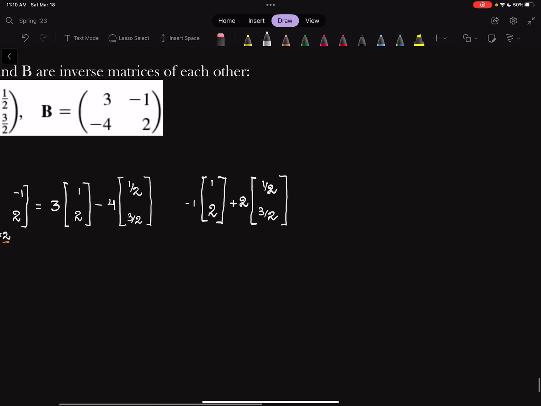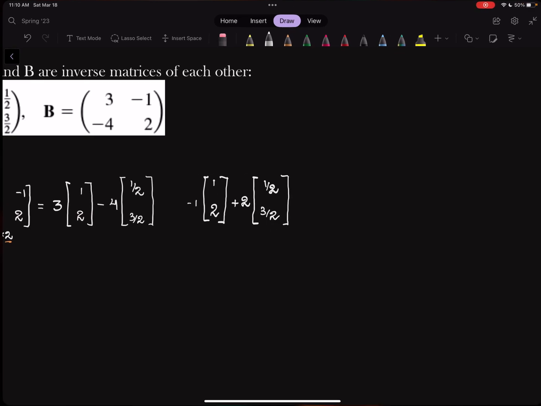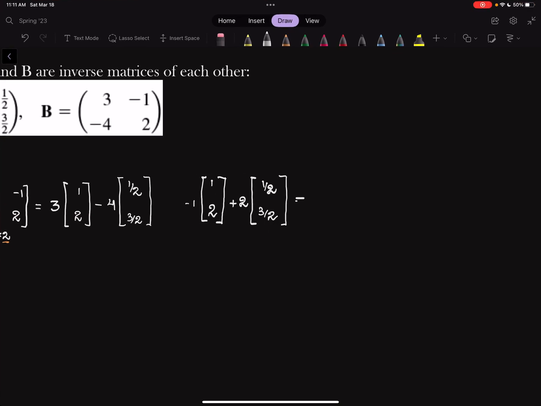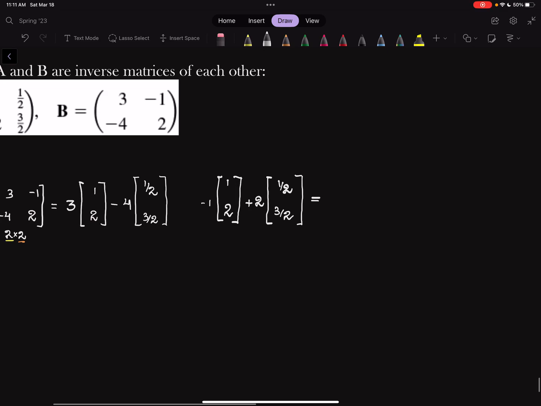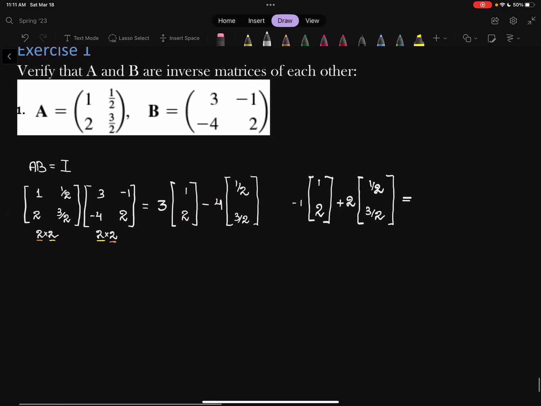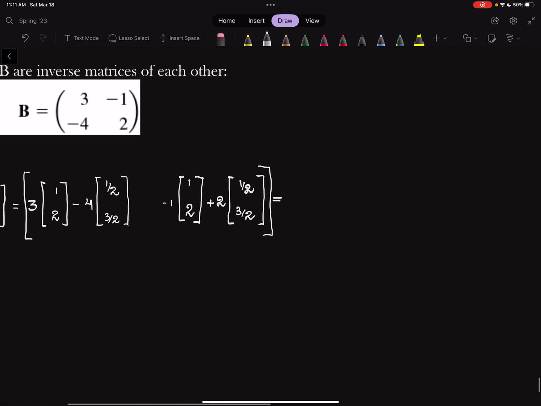And this is all going to be equal to, and this is all a matrix at this point, 3 times 1 minus 4 times 1/2.